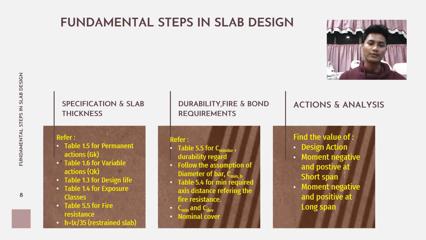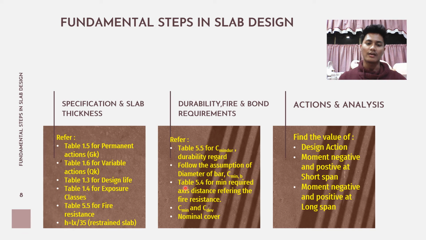And then moving on to the second step, which is durability, fire and bond requirements. You should refer to table 5.5 for Cmin,dur, which is the durability requirement. And then you follow the assumption of diameter of bar for checking the Cmin,b.